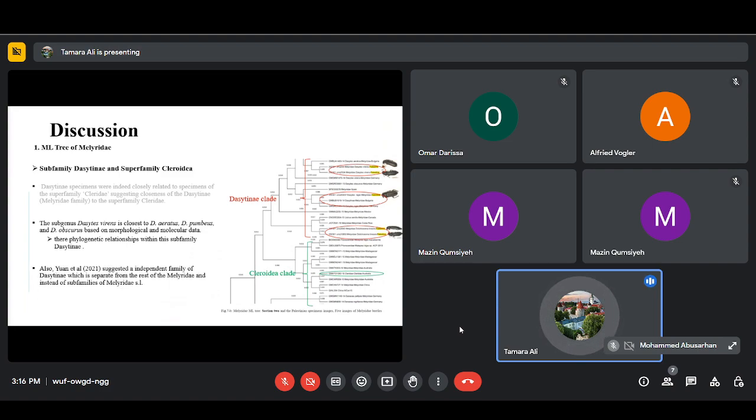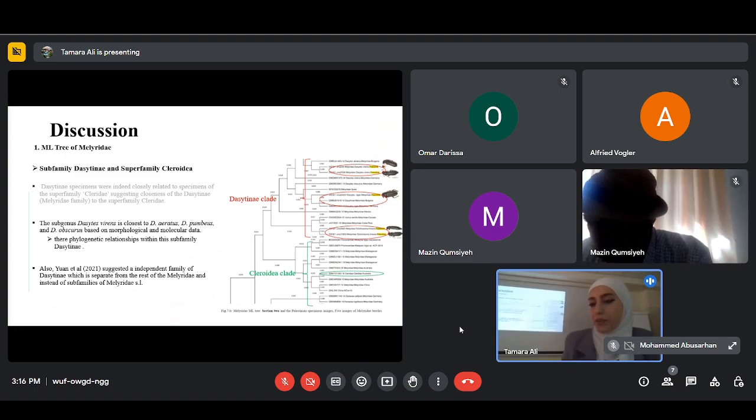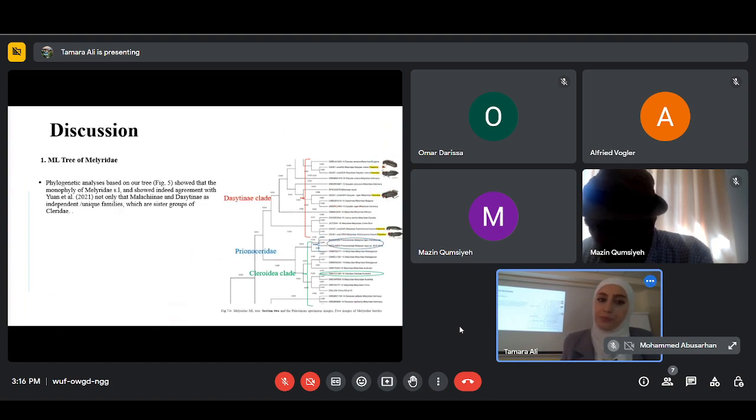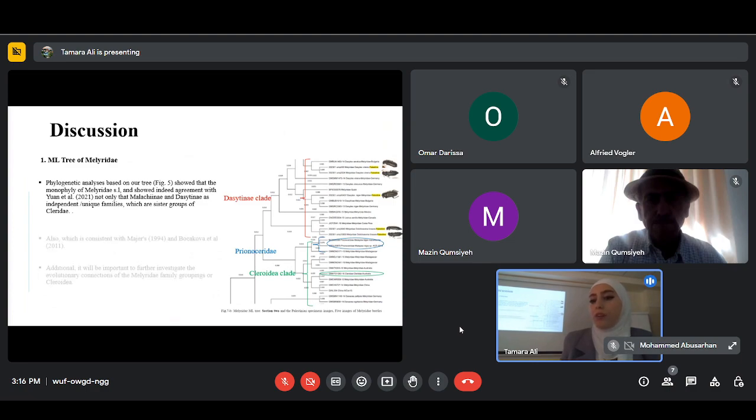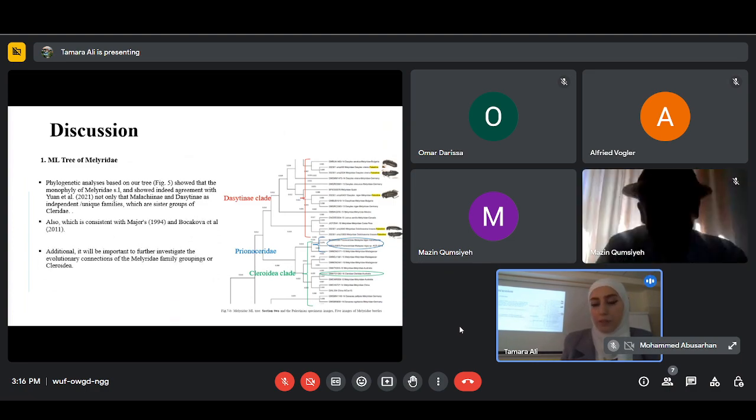Also, Yang 2021 suggests the independent family of Dasytidae, which is separated from the rest of the Melyridae and instead of a subfamily of the Melyridae sensu lato. Phylogenetic analysis supports Malachiidae and Dasytidae as independent families instead of subfamilies of the Melyridae sensu lato, and our results agree with the previous study.